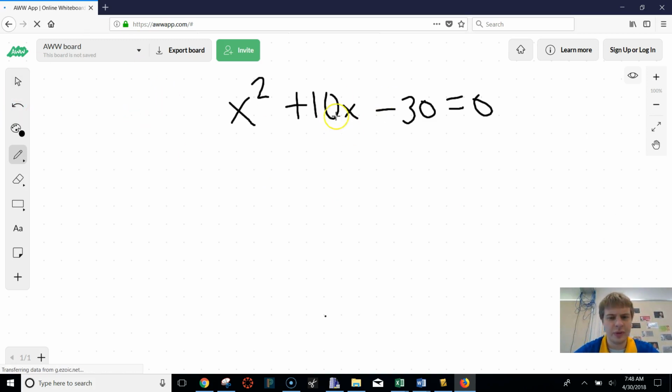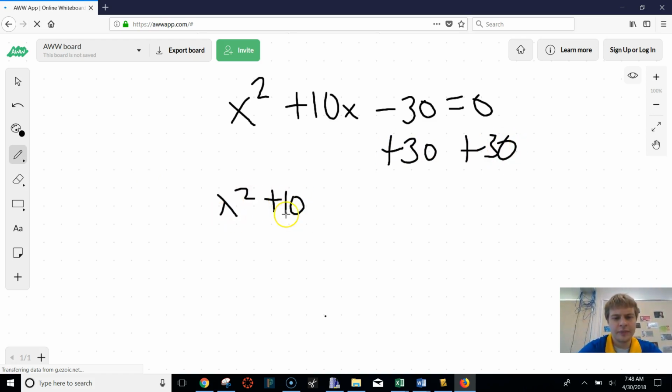we're going to solve this by completing the square. So again, since it won't factor, we'll force it to factor, so we'll add 30 to both sides. We'll get x squared plus 10x equals 30. We then need to find what's going to replace this right here. So we'll cut the 10 in half and then square it, and that will give us 25.